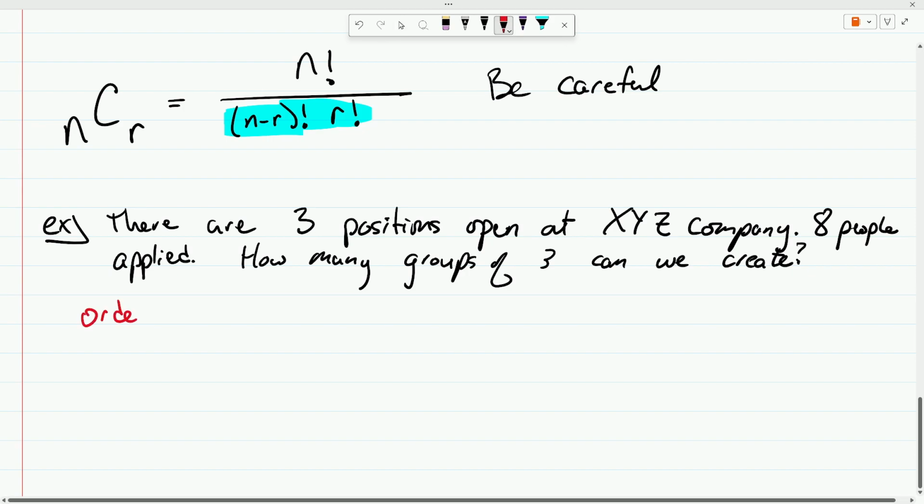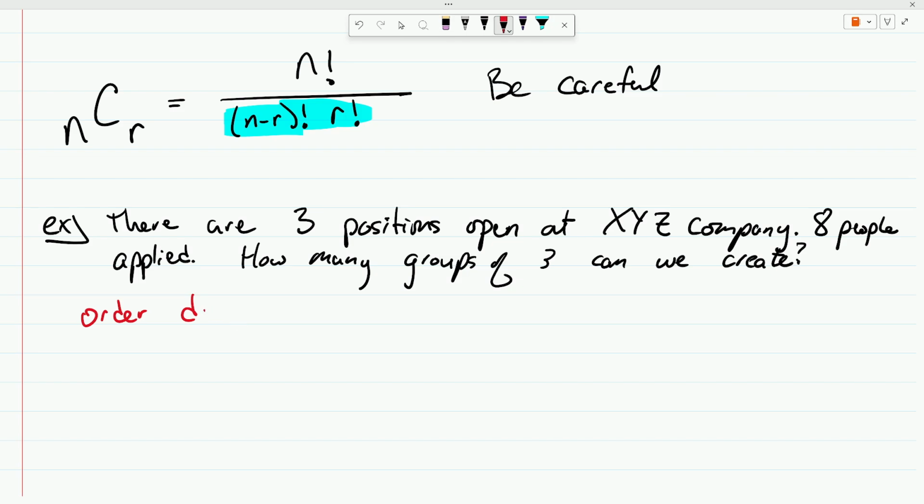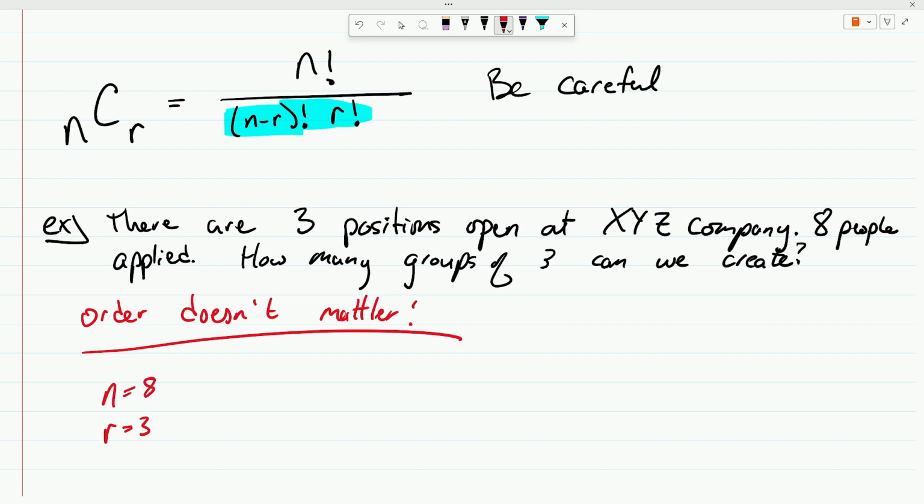So order doesn't matter. All right. So once again, we're going to let n equal 8 and r equal 3.